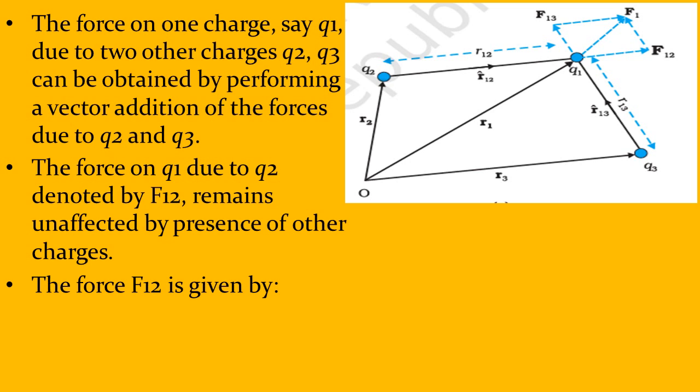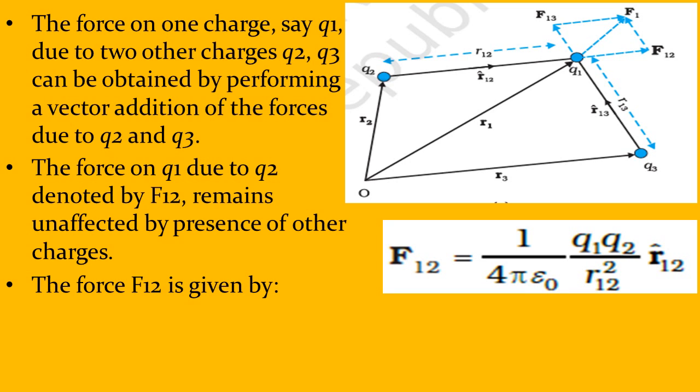Now the force F12, that is the force on charge 1 due to charge 2, is given by what? The Coulomb's law. And that's simply F12 is equal to 1 upon 4 pi epsilon naught, the very important constant you must always remember, into the product of the magnitude of the charges q1, q2 divided by r12 square, that means the distance from 1 to 2 square.